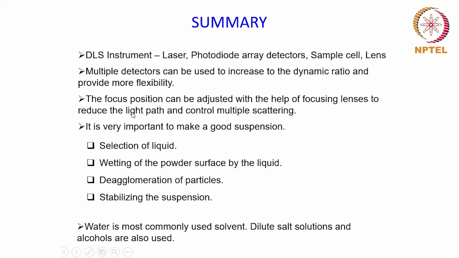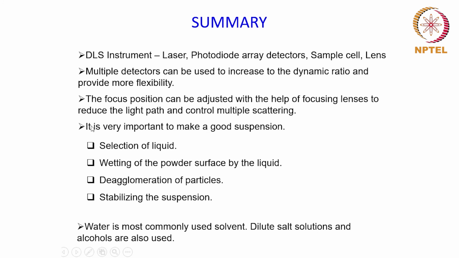And we have also seen that the focus position from where the data is collected, or the scattering volume, can be adjusted with the help of focusing lenses, and this can also be used to reduce the light path and control multiple scattering if there is a sample where there are chances of multiple scattering.